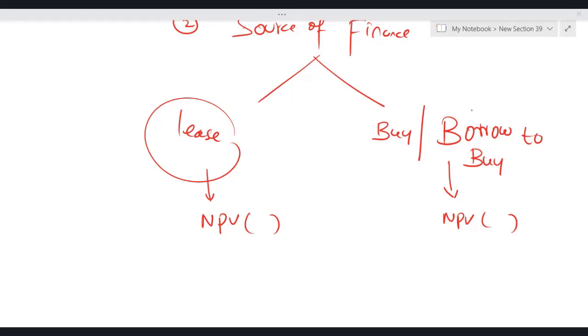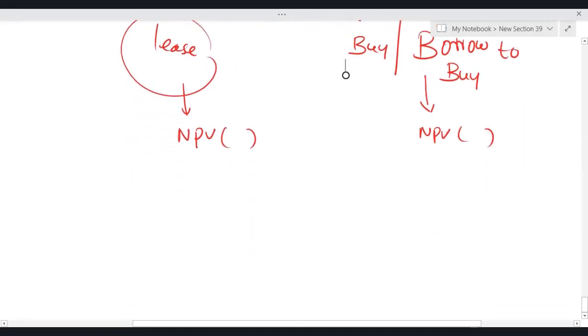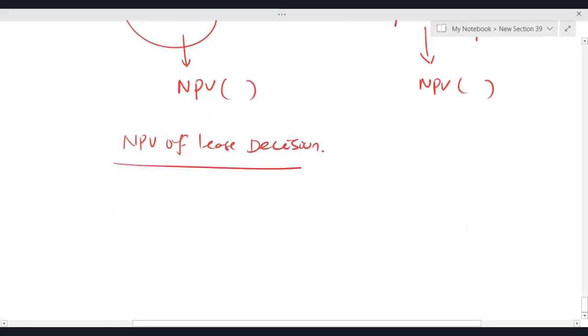Okay, let's now discuss how do we calculate NPV of lease decision and NPV of buy decision. What are the factors which we need to consider? NPV of lease decision. So while calculating NPV of lease decision, number one, you will have to take outflow of rental payments.